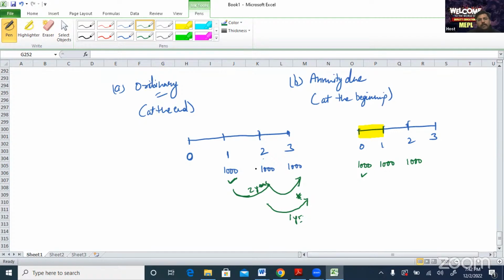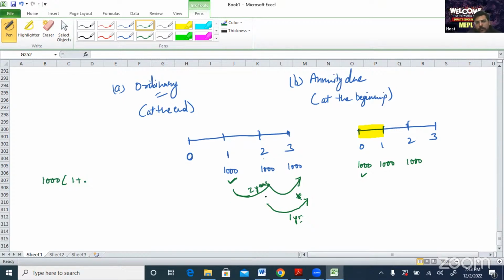So if I talk about this 1,000, what is the rate of interest we are taking? 10%.